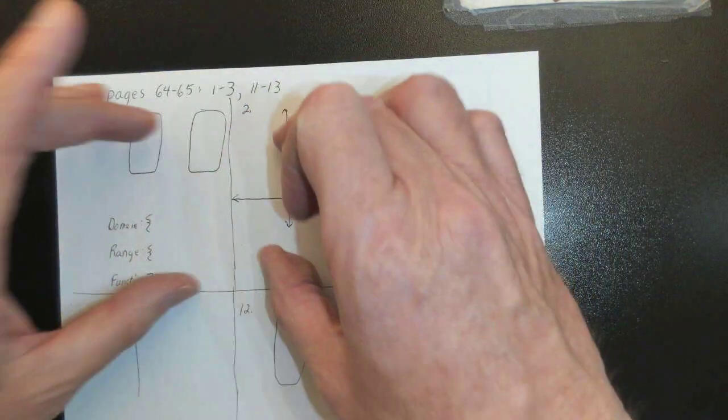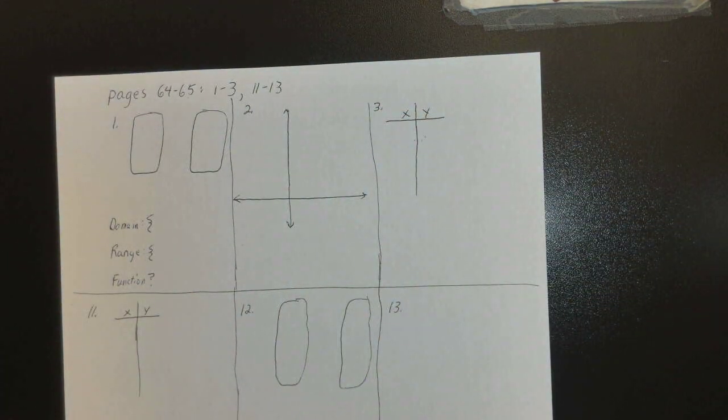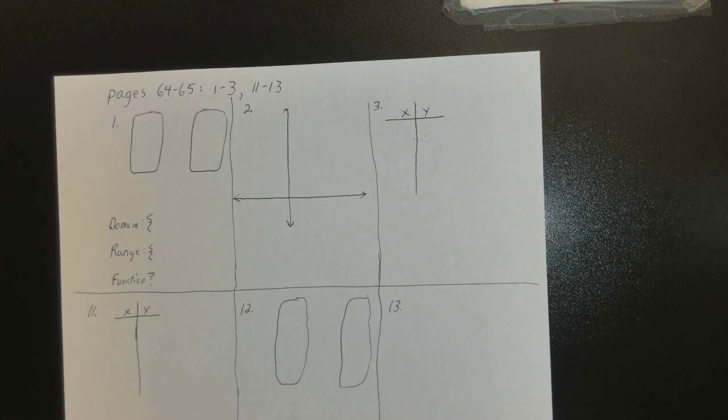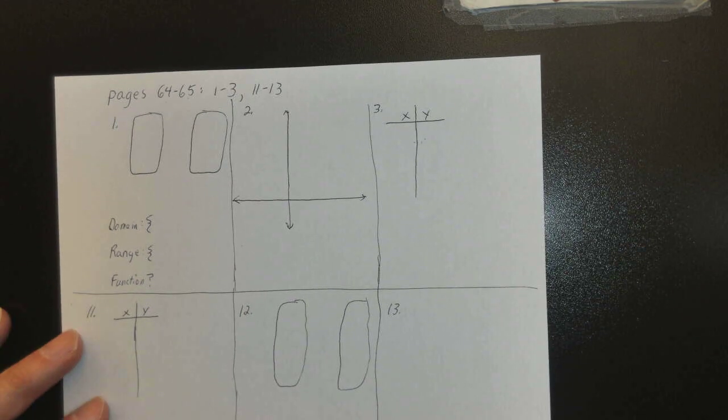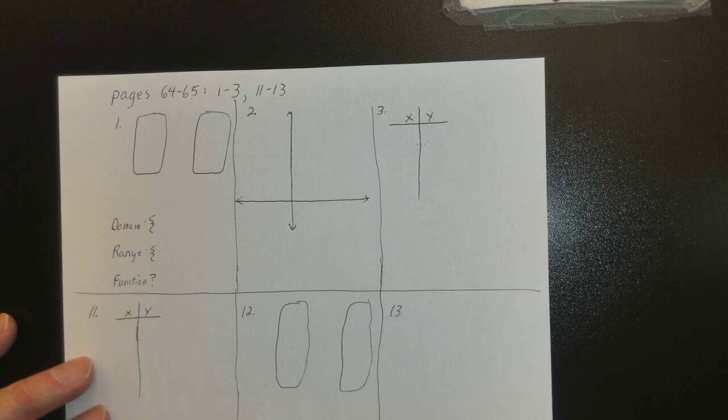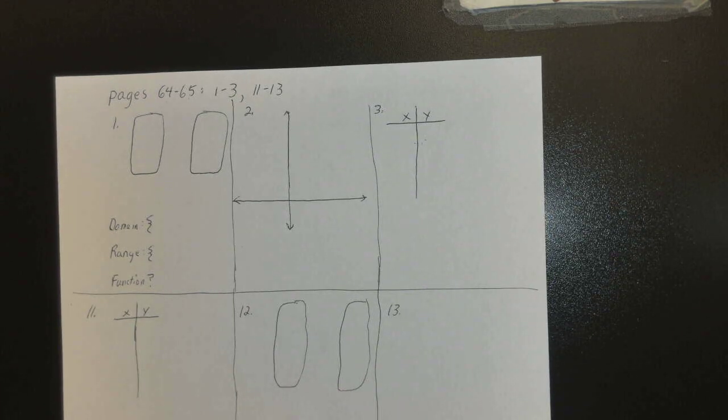Write down, just kind of rewrite what they have. And the problem, I got it started for you. Page 64.